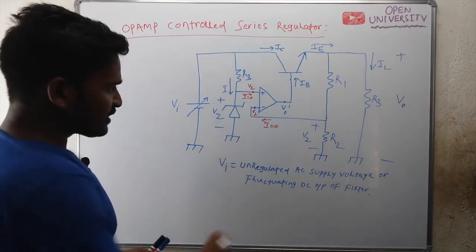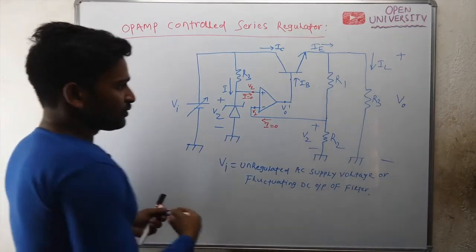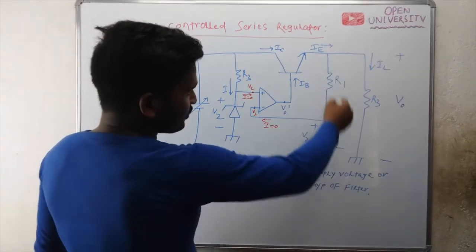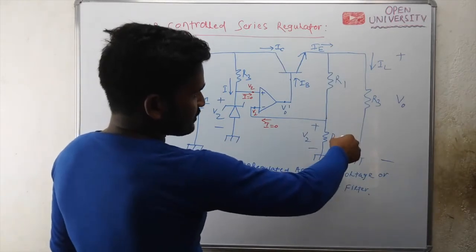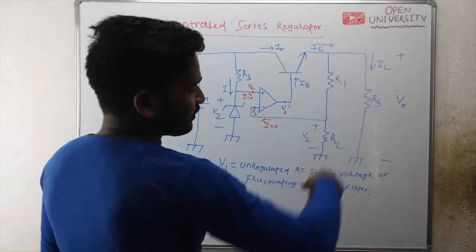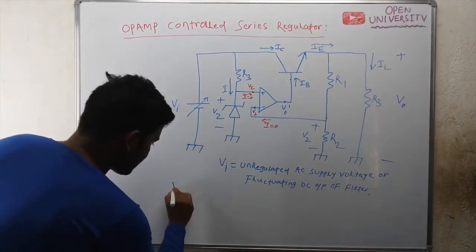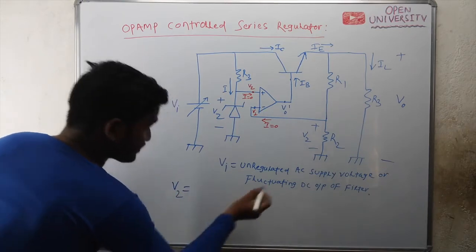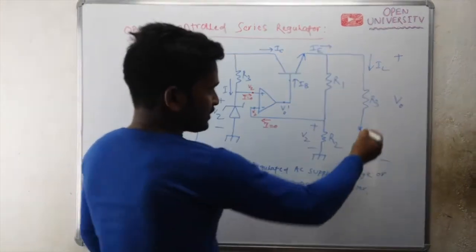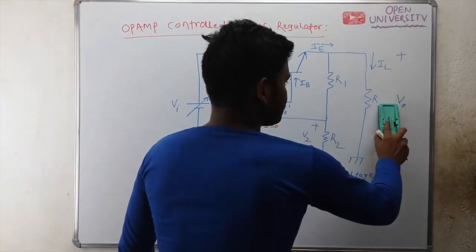If you are interested to find out the value of V2, how to get V2? Since R1 and R2 are connected in series, they form a voltage divider network, so use the voltage division technique. See, this is your RL, not R3, it is the load resistance RL.